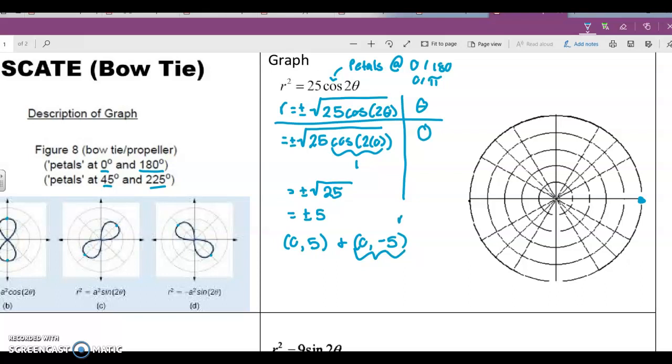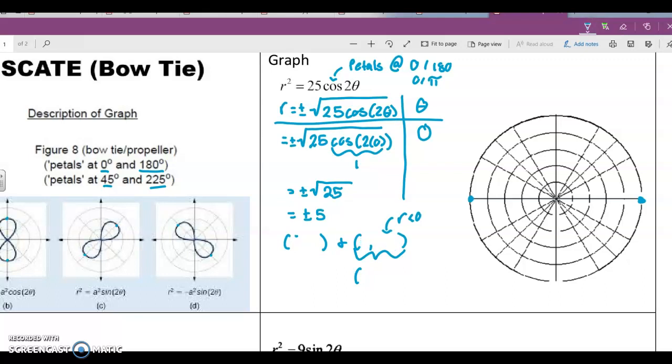So 0, 5 is going to go right here, but then remember, in polar coordinates, if your r is less than 0, like negative 5, you go backwards on your theta line. So your theta line for 0 is right here, but instead of going to the right, you're going to be going to the left. So your other petal occurs at, I totally flip-flopped these, I am so sorry. It should be r, theta, not theta, r.